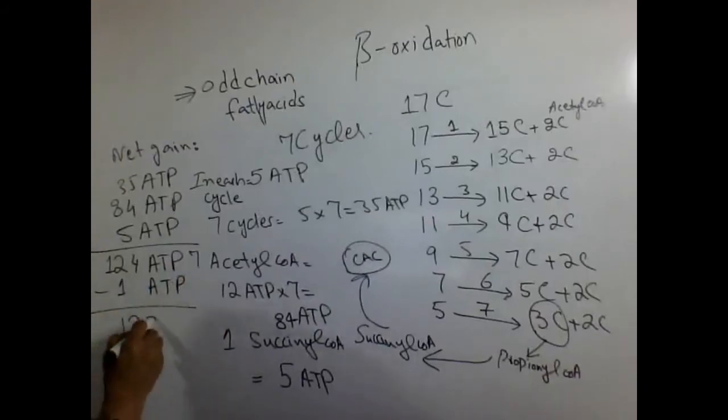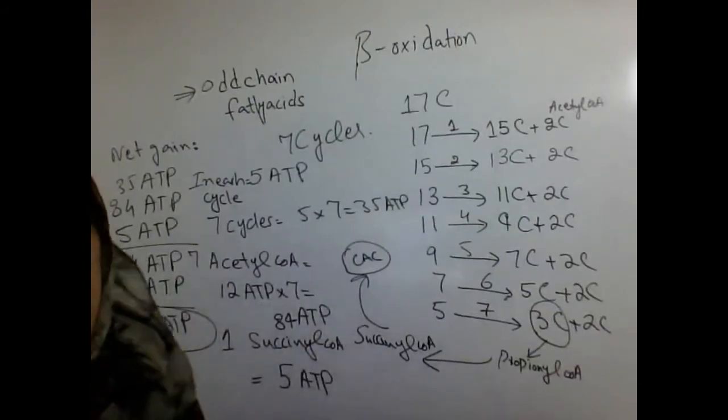So the energy produced by the 17 carbon compound is 123 ATPs.